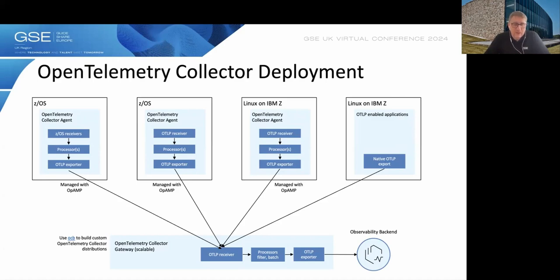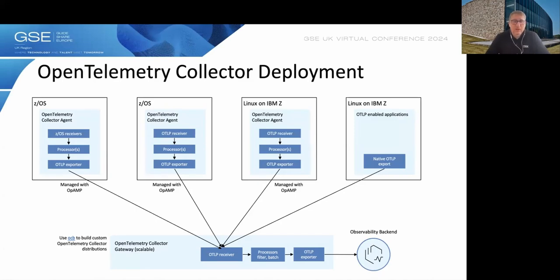So the agent can be deployed to get telemetry data locally and then also have proper addition of metadata, for instance, about what kind of host this agent is running on, what kind of architectural platform, so that you get those specifics about the source correctly attached to your telemetry data.